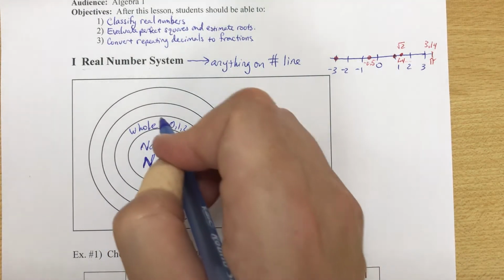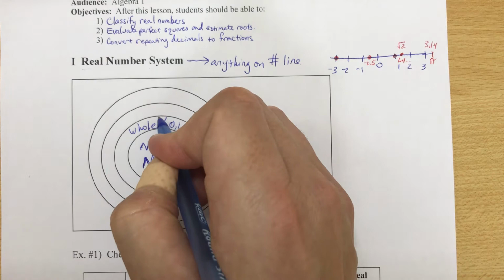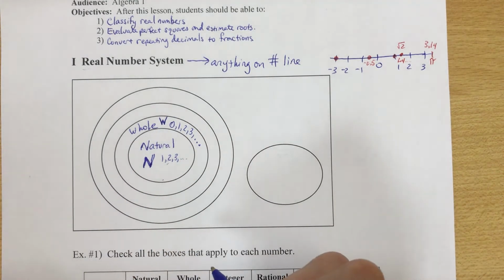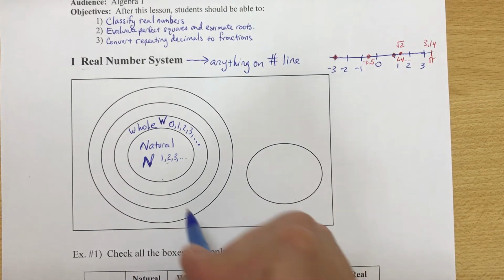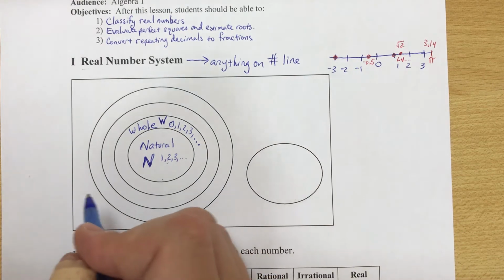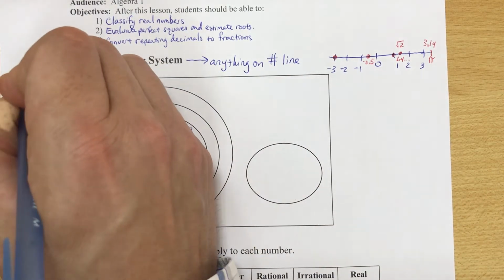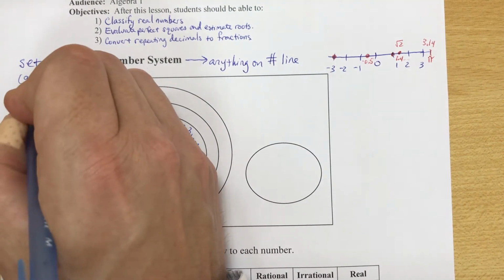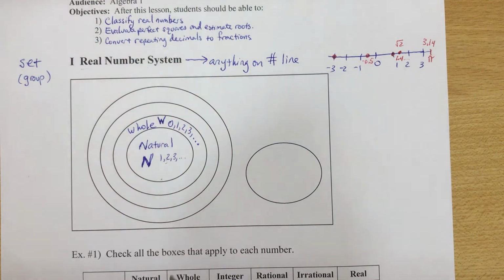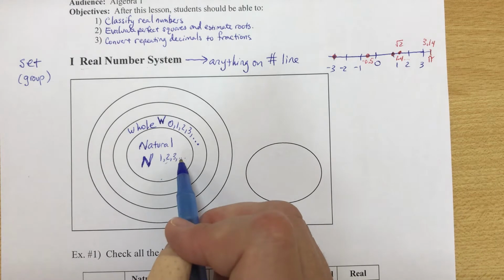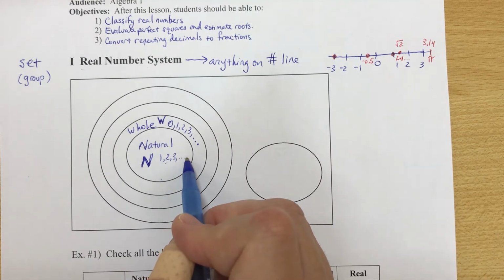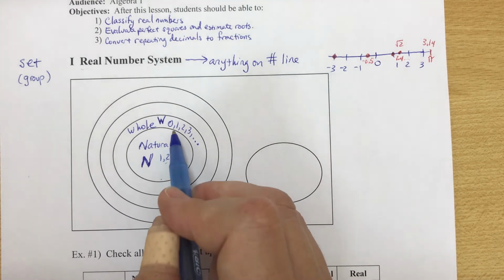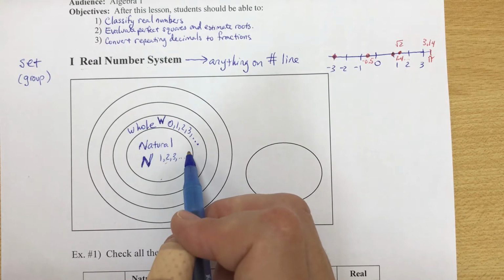And the symbol for whole numbers is a capital W. These are all called number sets. A set of numbers, it's a group. A set is basically a group. Each of these sets is infinite because they never stop. The natural numbers never end. The whole numbers never end.